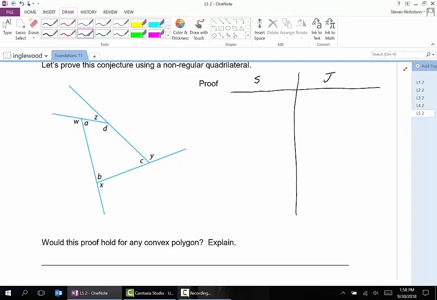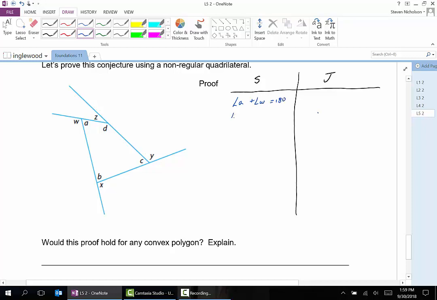Now again, remember what we want to show. We want to show that w plus x plus y plus z is equal to 360. So eventually that's what I want to show. So here's what we know. Angle A plus angle W equals 180.